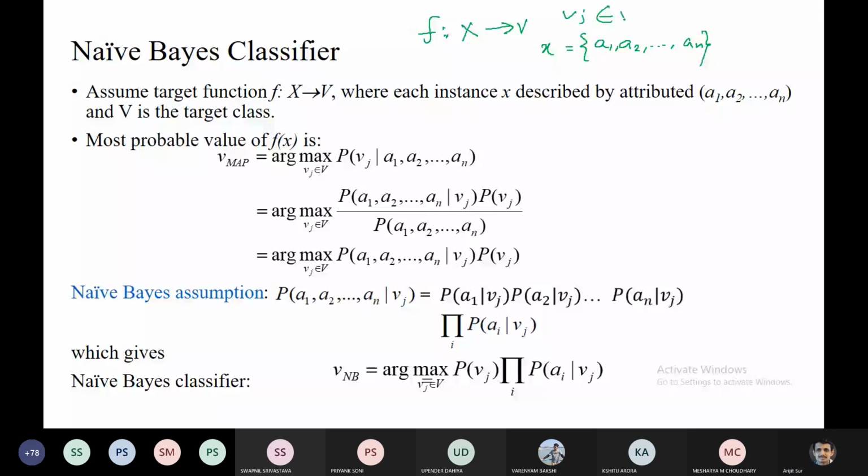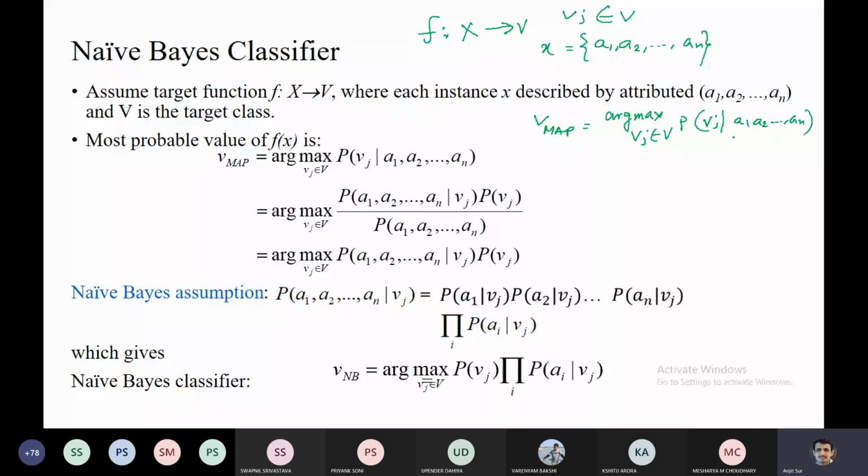So if we say the V of MAP, what is the V of MAP? That is our old definition: argmax over Vj belonging to V of the probability of Vj given a1, a2, an.